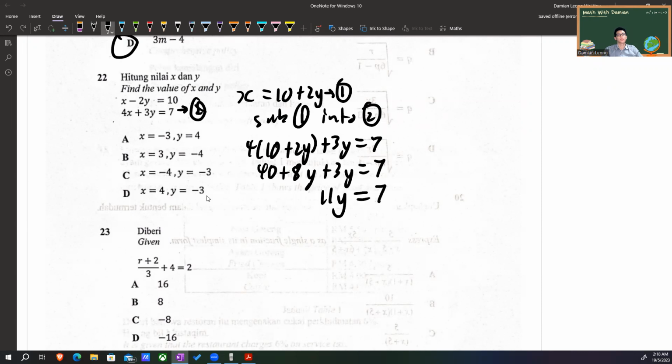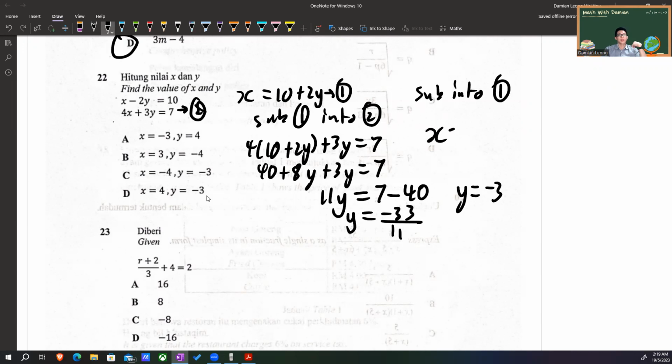Bring over the 40. Positive becomes minus. So it's negative 33. Divide by 11. So y will be negative 3. So that's y. Sub back into equation 1 to find x. x is 10 plus 2 times negative 3. 10 minus 6, 4. 4 and negative 3. Answer D.